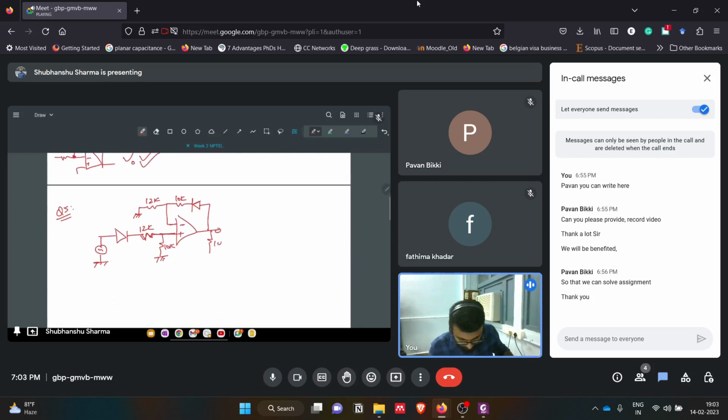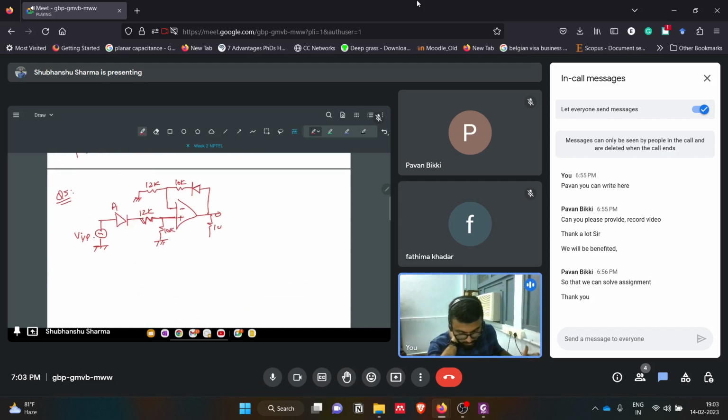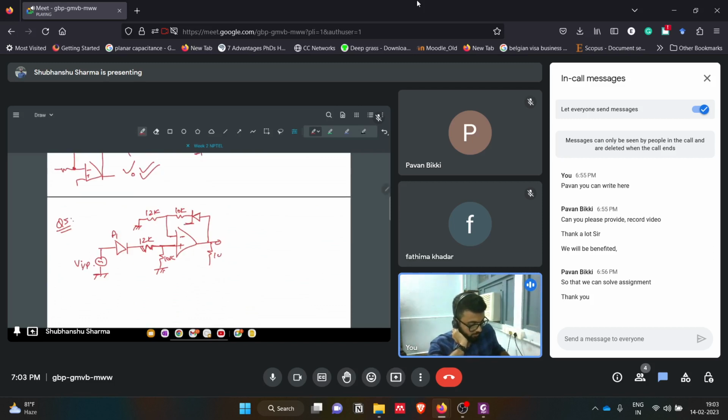So here, this is D1, this is the input, then 12K and 10K. First, we will have to ensure whether this feedback part is there or not. Whenever you get a diode in the feedback path, you have to ensure whether the diode is on or off.